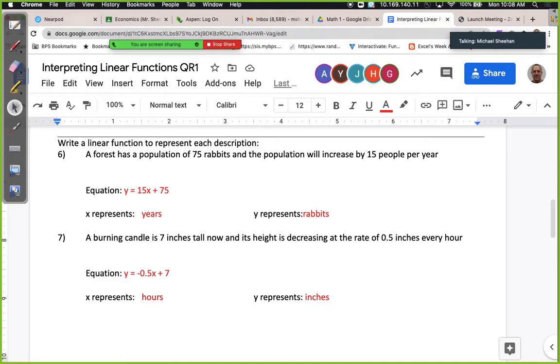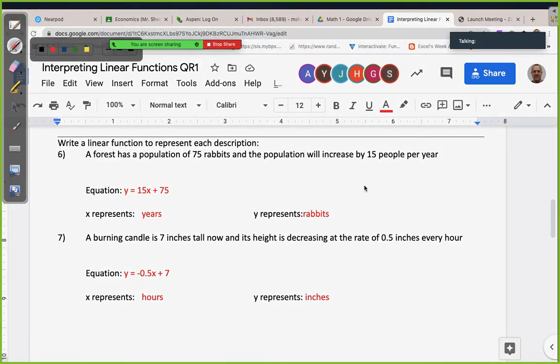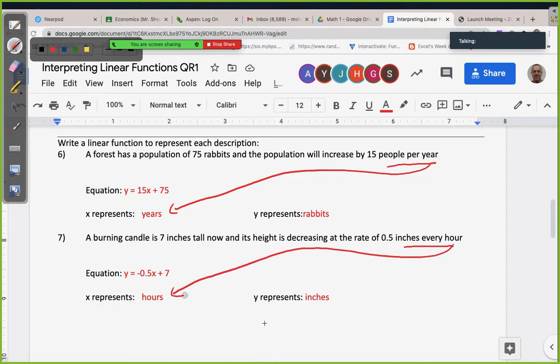Oh, right. So look, when I see people per year, that's telling me X is going to be years. When I say inches every hour, hours is going to be X. All right, and when you see the word decreasing, we know the slope is negative.